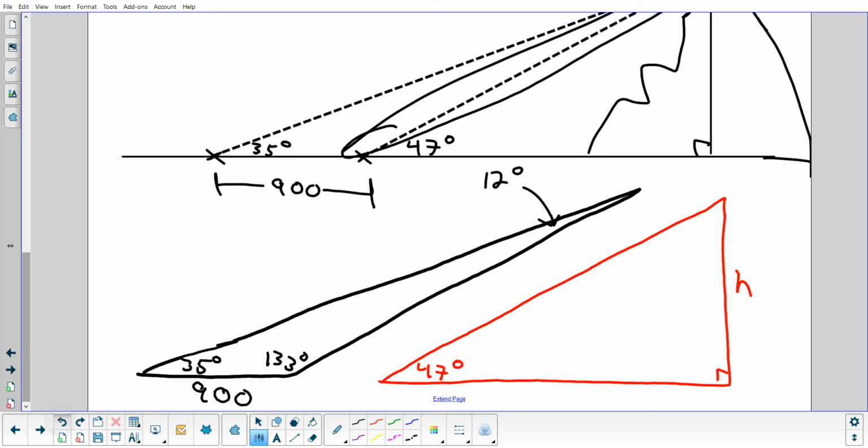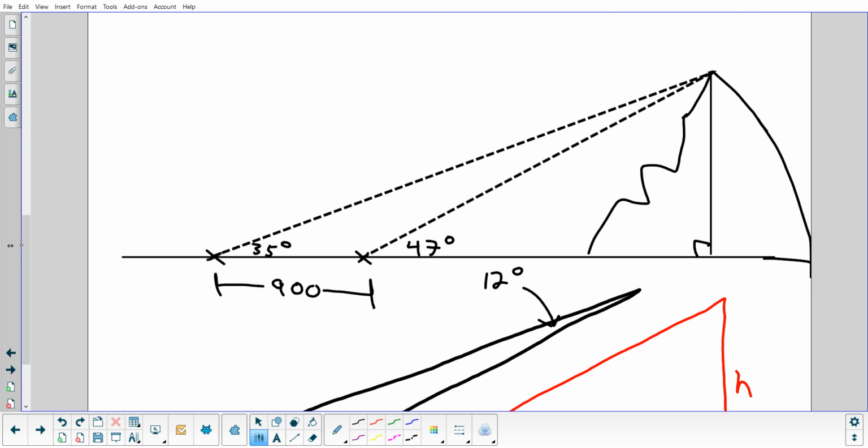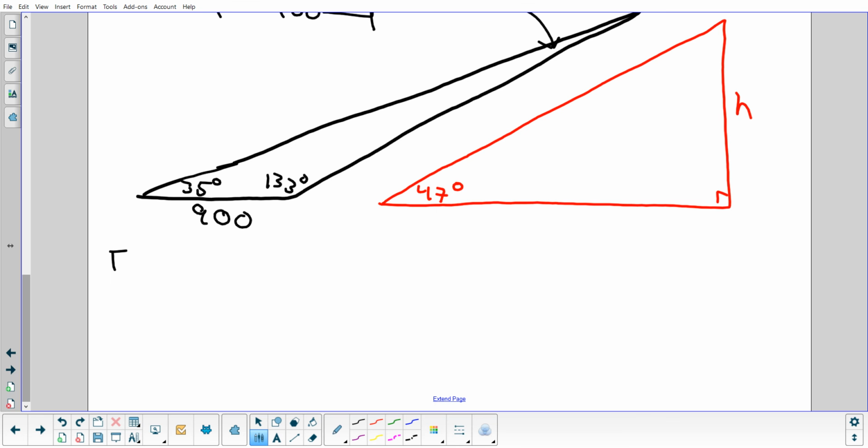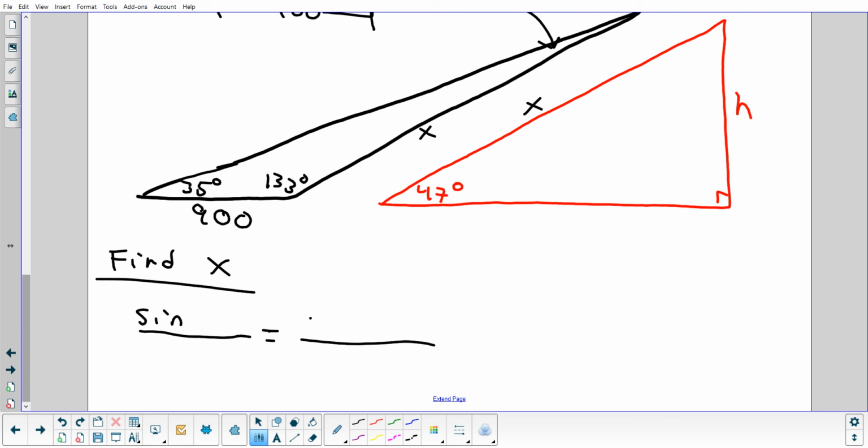All right. So let's call this side x. And let's set up our law of sines. So this side is also x. All right, so Abigail, could you tell me what I could put on the left to set up the law of sines to solve for x?